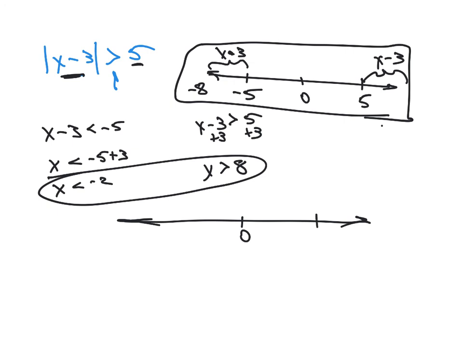So I've got 8 and I've got negative 2. So according to this answer, x is a number smaller than negative 2. So I'm going to go this way. This says x is greater than 8. Go greater than 8. And there's my answer.